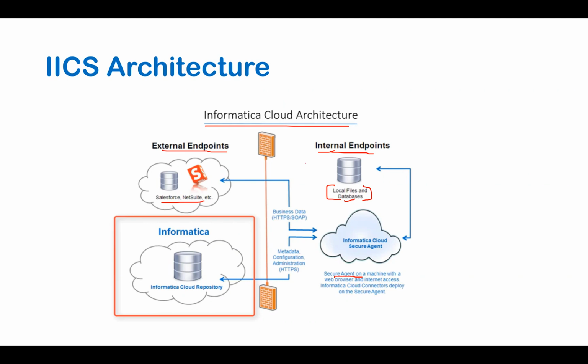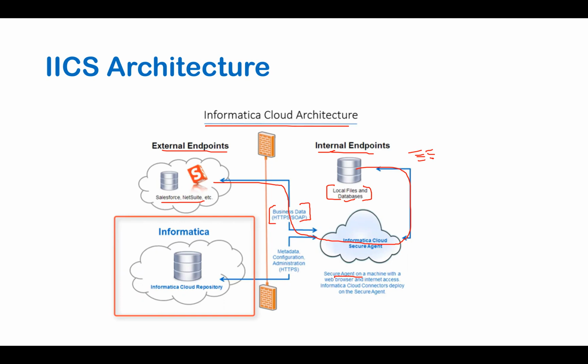Why? Because this is our organizational data. You assume we have some transactional data in the table that we are moving from here to here. This is business data, moving from internal endpoints to external endpoints.